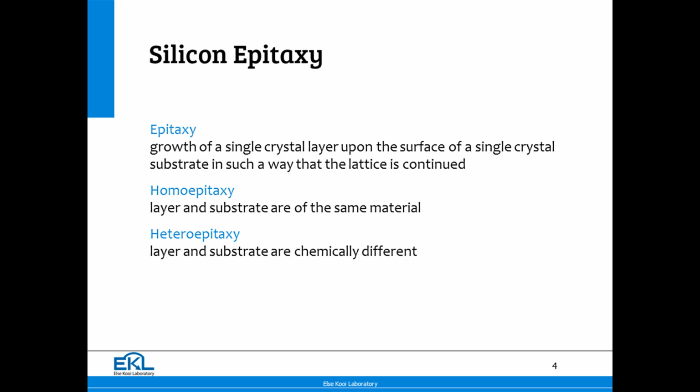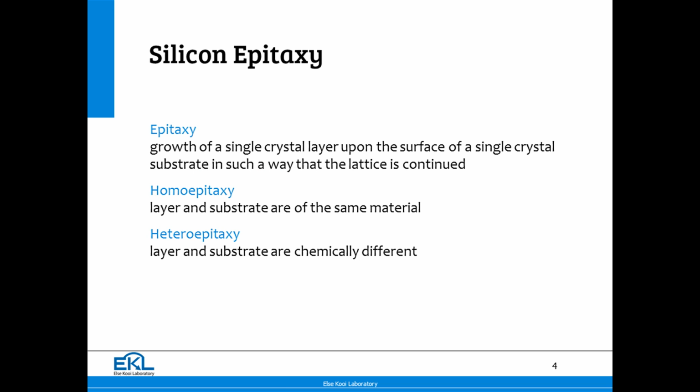What is epitaxy? Well, you know that, I believe. It's growth of a single crystal layer upon the surface of a single crystal. And you do it in such a way that the lattice is continued. So if you do it correctly, you cannot determine any difference between the original substrate and the layer that you put on top. That is not a common situation.